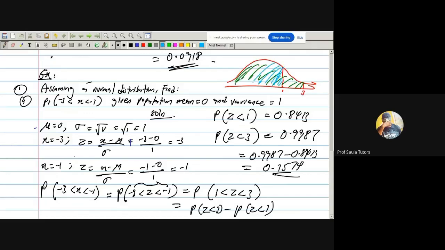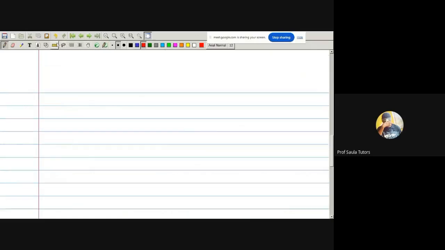So the area between both of them is what we want, and we get it by subtracting. Take note that we don't subtract z values, but their probability values, the areas. That's this area minus this area, like A2 minus A1. That's it. Let us pick another example and solve it.